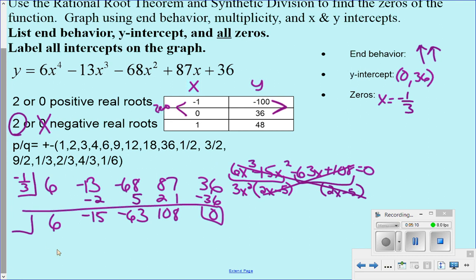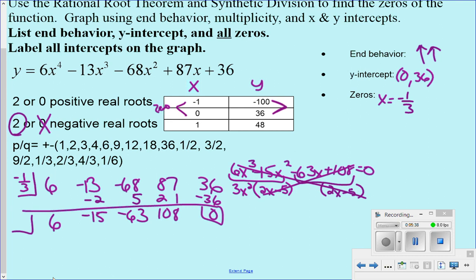So I'm left to try the numbers until I find some that work. One thing you might find helpful is looking at our coefficients and looking for similarities. A couple people noticed in some of my classes that these numbers here are all divisible by 3.